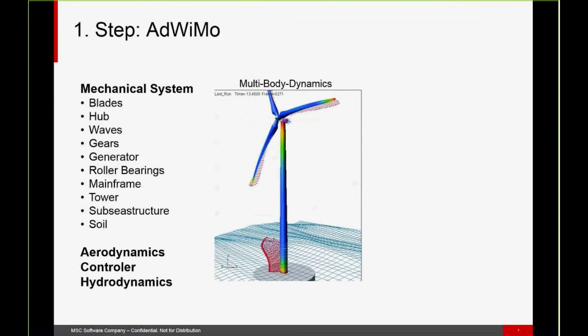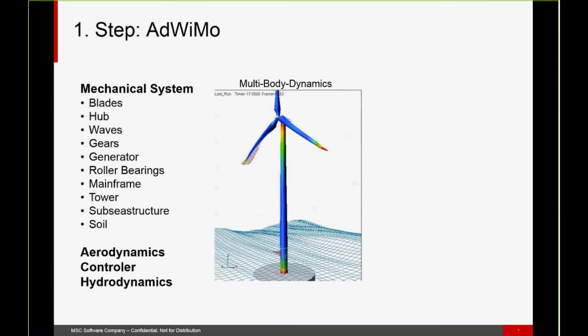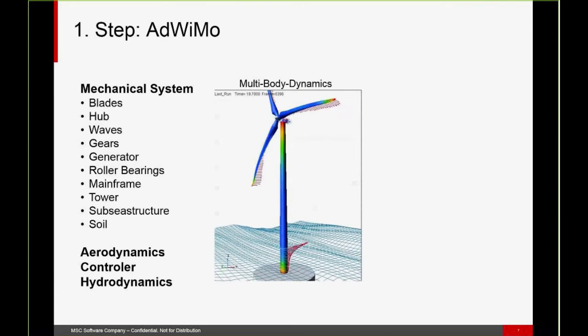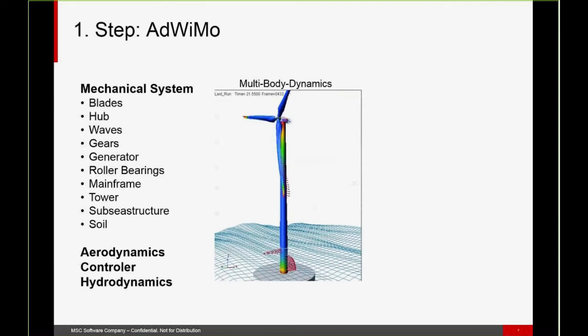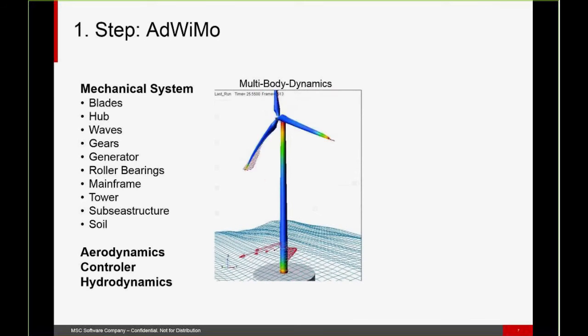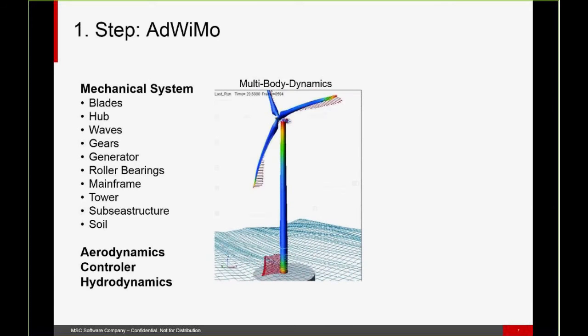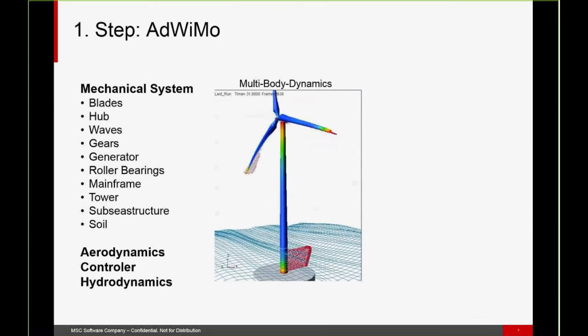But if we look now at AdWiMo, what it covers, we see it's a quite complete system. We can handle the flexible blades. We have got a flexible hub. We have the waves, as I said before. We have gears. You can choose if you have got simplified gears, if you have got high accuracy gears. We can handle the generator behavior.